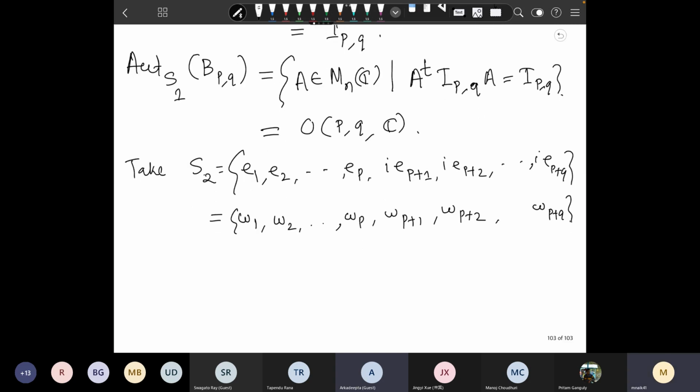Now, so what is Wi? Wi is equal to lambda i Ei, where lambda i is equal to 1 for 1 less than or equal to i less than or equal to P, and lambda i is equal to i for... actually, it is better to write lambda j, because I will get confused.